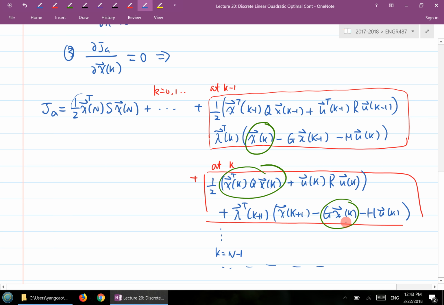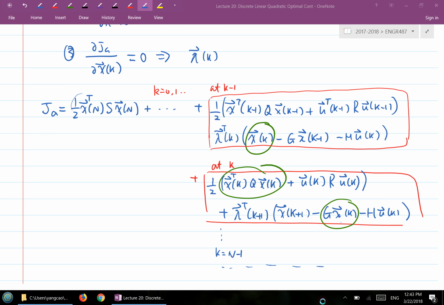And using the fundamental matrix calculus, for the first one, when you take a partial derivative with respect to x of k, what you get is lambda of k at here. Okay, you get lambda of k.